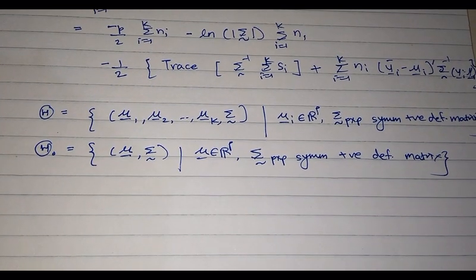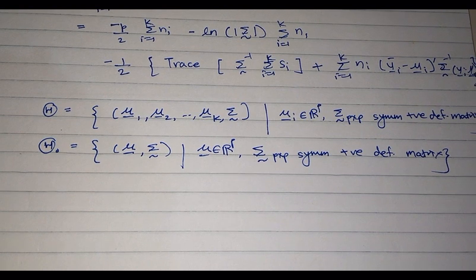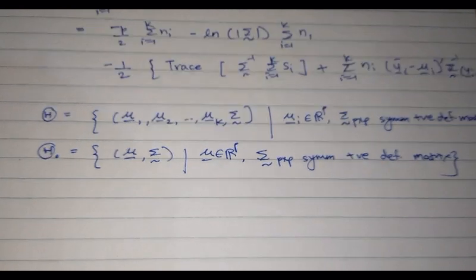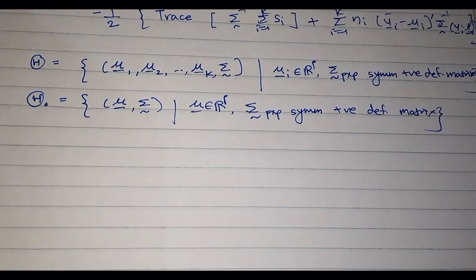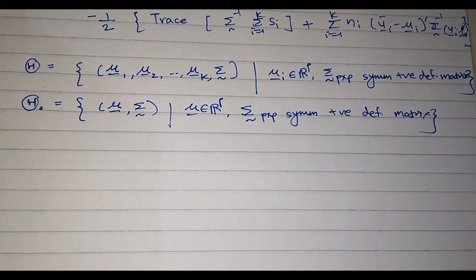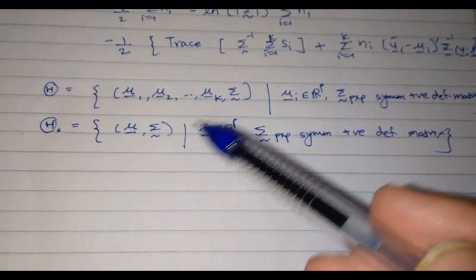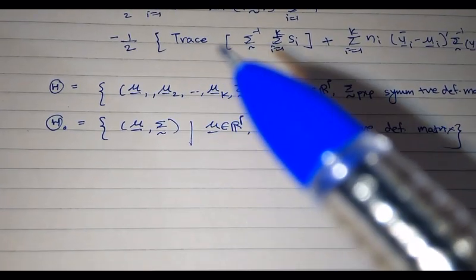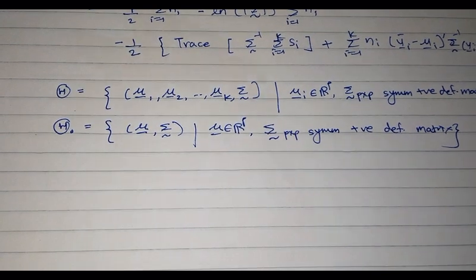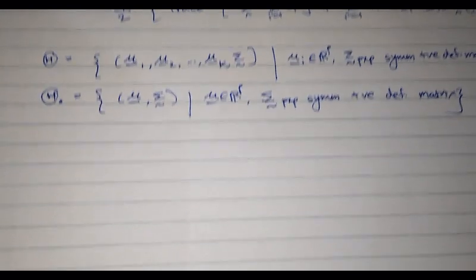So script theta is the overall parameter space, and script theta naught is the parameter space under H0. And we know that the difference between the dimensions of these contributes to the degrees of freedom.